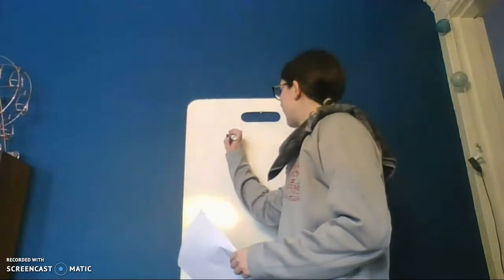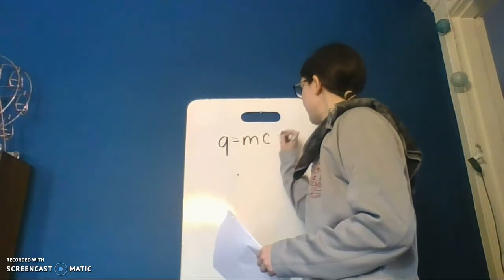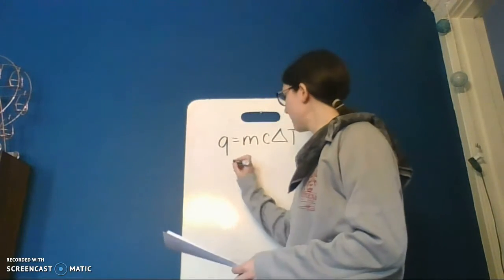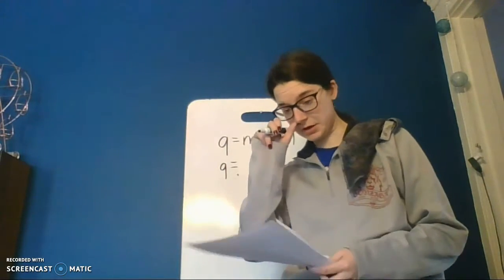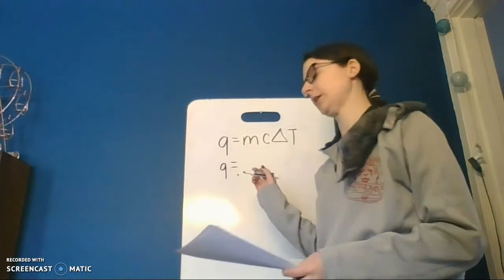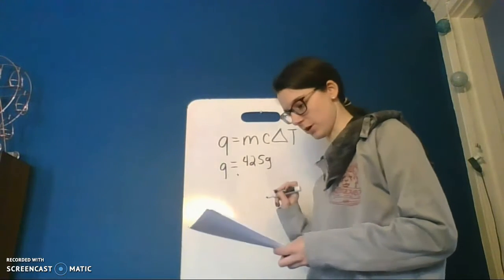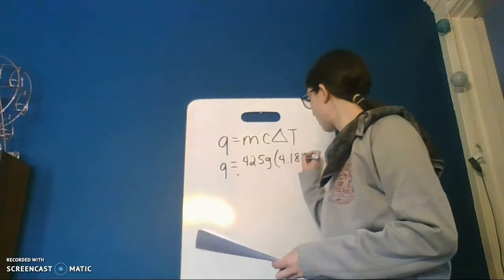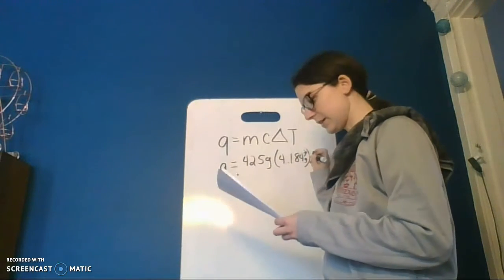So once more, we're using the equation Q equals mass times specific heat times delta T. Q is what we're solving for. Mass, since the density of water is 1 gram per milliliter, we have 425 grams of water times the specific heat of water, 4.184, and that's joules per gram Celsius or Kelvin.